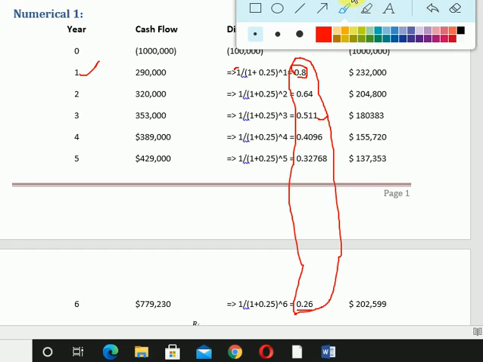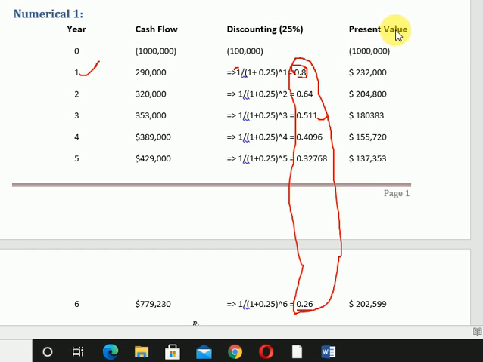Now in this column, present value, we will calculate the present value. If you remember the formula, present value is equal to future value divided by (1 plus I) raised to the power n.